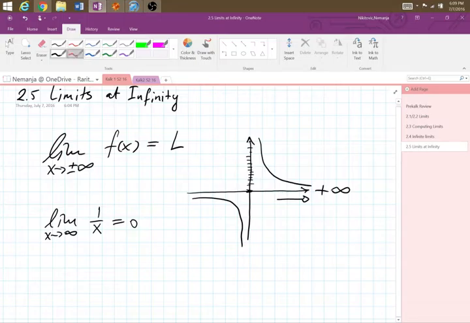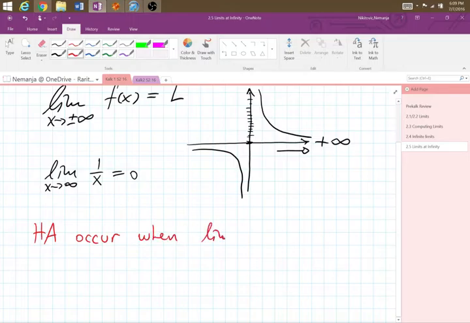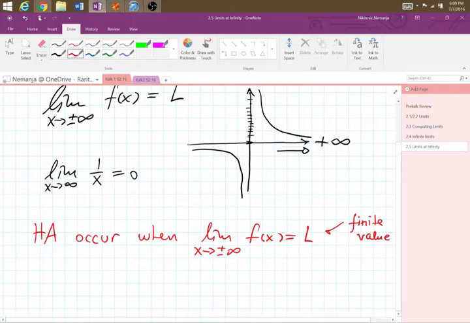So let's start with the horizontal asymptotes. Horizontal asymptotes occur when a limit as x goes to either positive or negative infinity of the function is a finite value. And the example of that is right above.